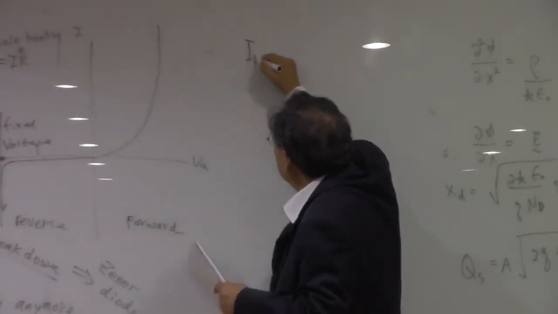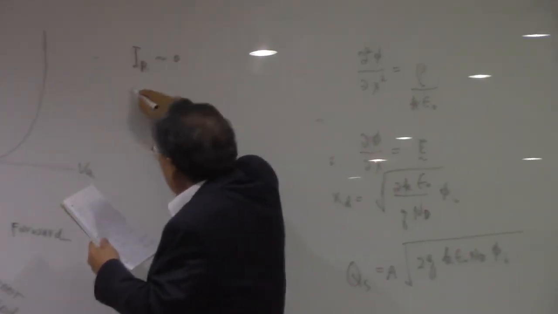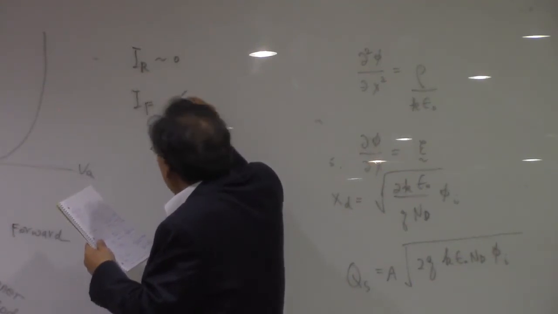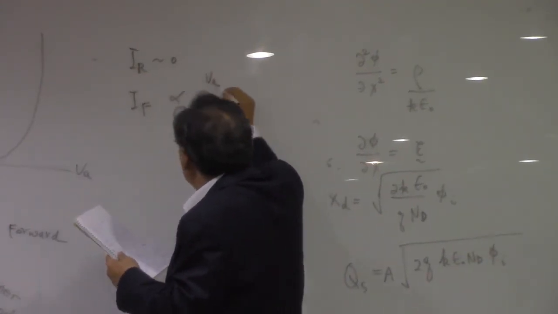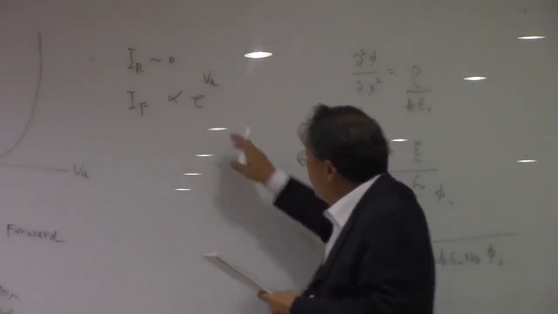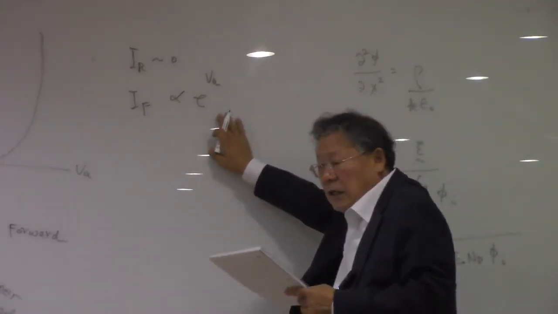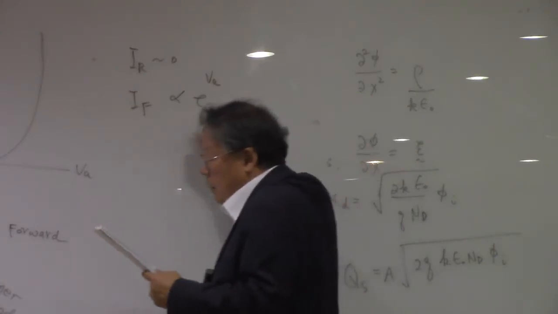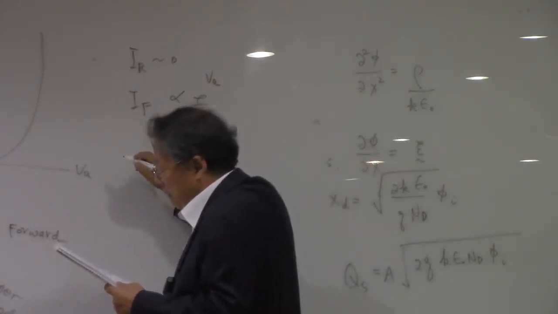So you can see the reverse bias current is almost zero, and the forward bias current has to be proportional to e to the qVA over kT, something like that. Okay?